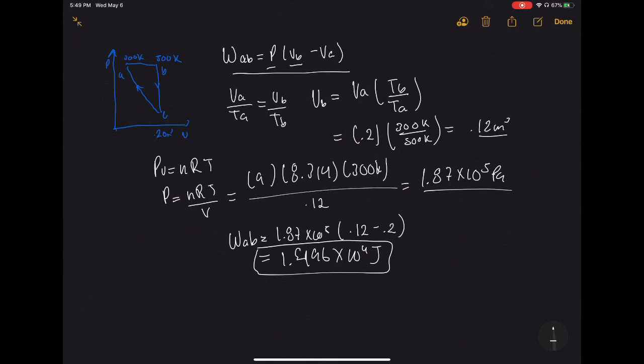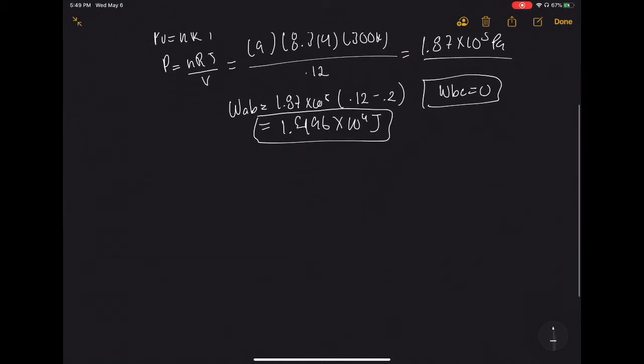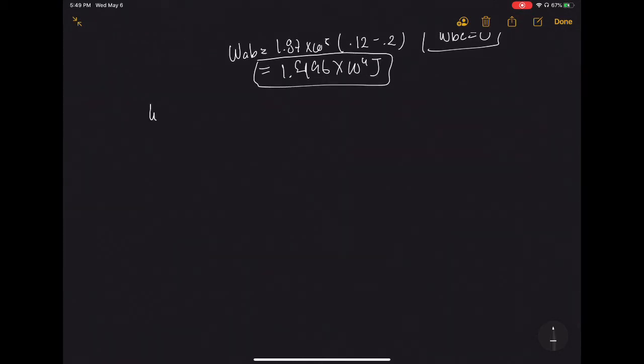So now we also know that the work from B to C is equal to 0. So I have two of them. And now I have to find the work from C to A, which is the same kind of formula: work from C to A equals (PA VA minus PC VC) over (1 minus gamma), which is a thermodynamic formula.